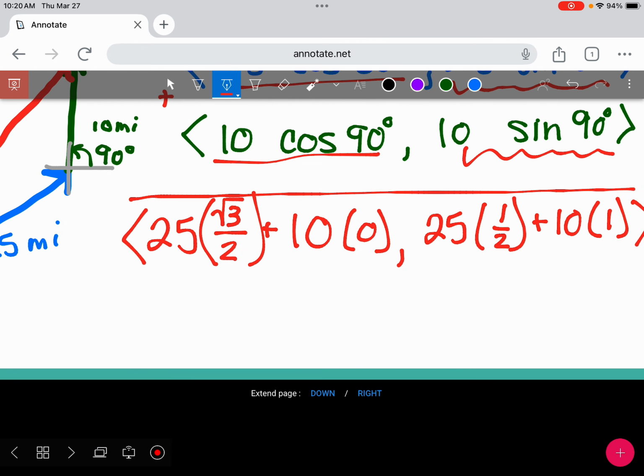We could simplify this a little bit and write it as 25 root 3 over 2, and 25 times 1/2 plus 10 would give us 45 halves, or 22.5. Whether you do it as decimals or fractions doesn't really matter.